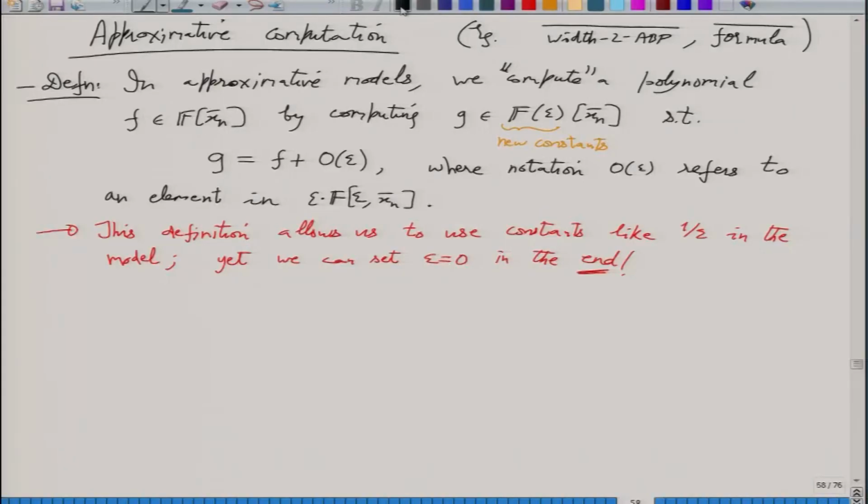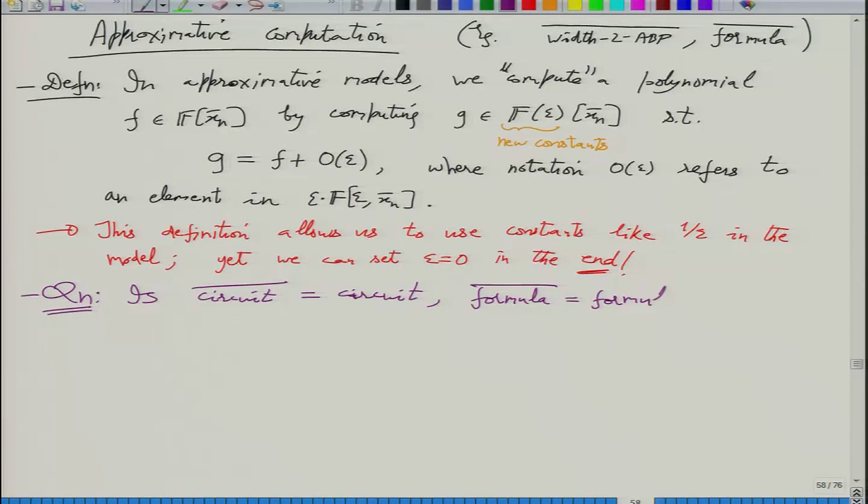So is there a polynomial for which unless you used 1 by epsilon the circuit size would blow up too much? Right. So whatever interesting question you will ask, we will call it an open question. There are some, I think the elementary symmetric polynomials or something are good candidates, right? Is circuit closure equal to circuit, or formula closure equal to formula, with the appropriate meaning of equality?